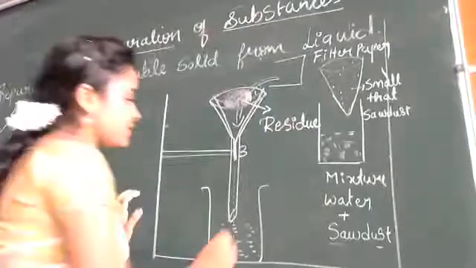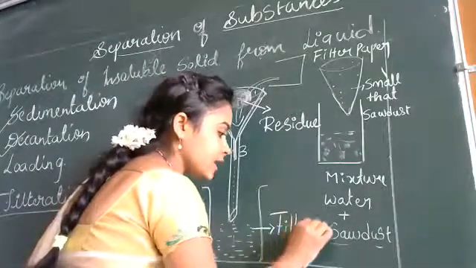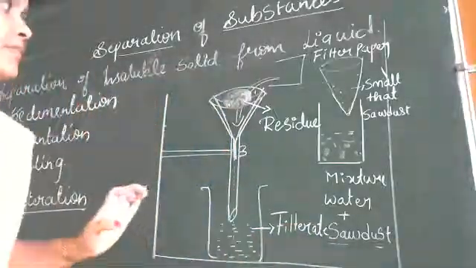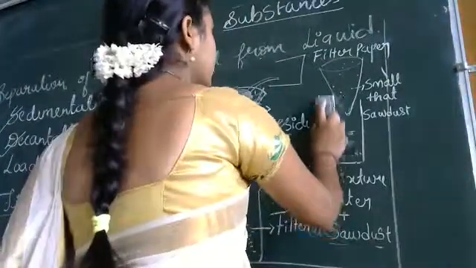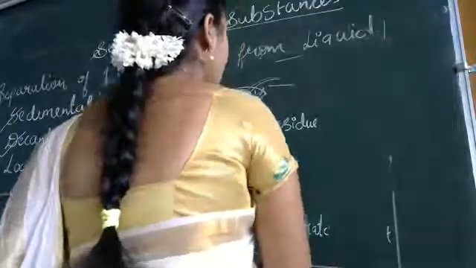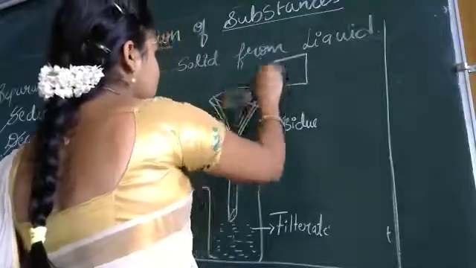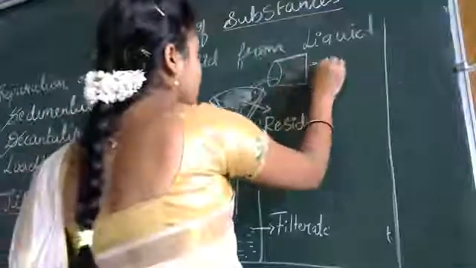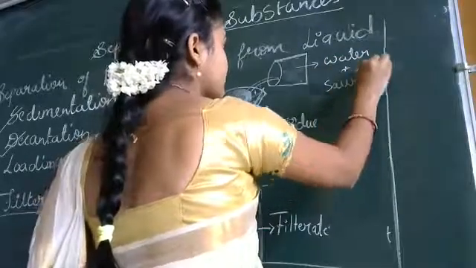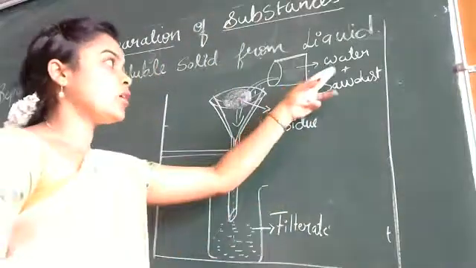And the liquid which has been collected after filtering is called filtrate. What is it called? Filtrate. So you all should remember this. These words should not be forgotten. Here we have a mixture of water plus sawdust, and we want to separate the sawdust from the water.